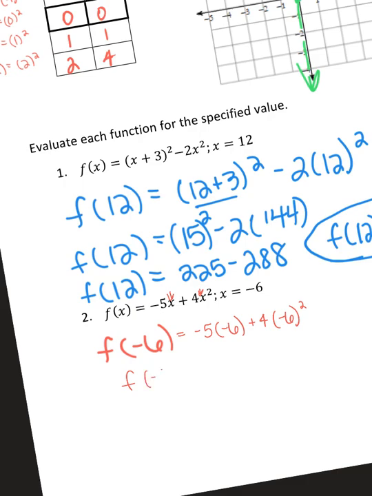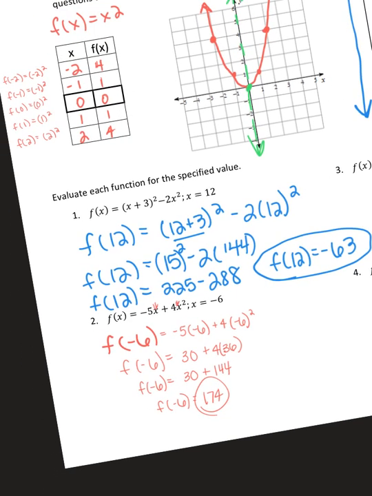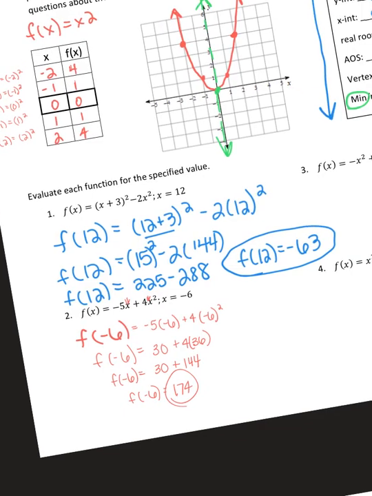So f of negative 6 is equal to negative 5 times negative 6 is a positive 30, plus 4 times negative 6 quantity squared is a positive 36. And then we've got 30 plus 4 times 36 is 144. So f of negative 6 is equal to 30 plus 144. And all of that simplifies to 174.